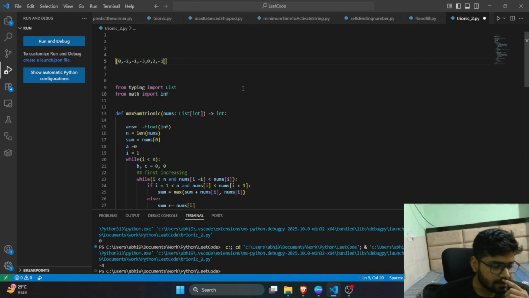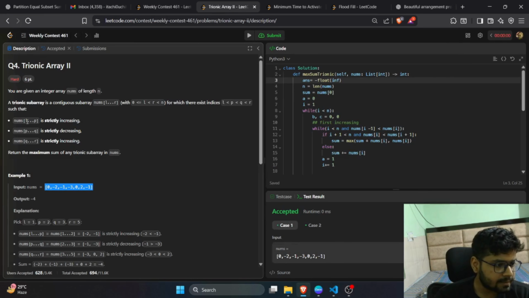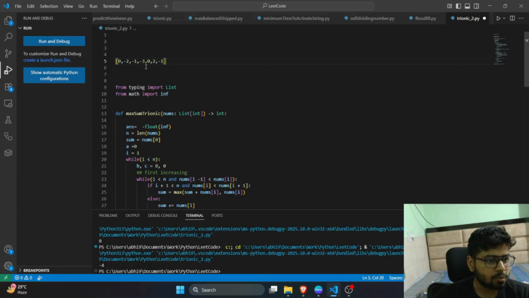What we have to do is choose four indices, l to p, p to q, and q to r, inside the given array, so that the first subarray is strictly increasing. So let's see. First, 0 to -2, it's decreasing, so it's not increasing. And -2 to -1, it is increasing. Then -3, it's not increasing, it's decreasing.